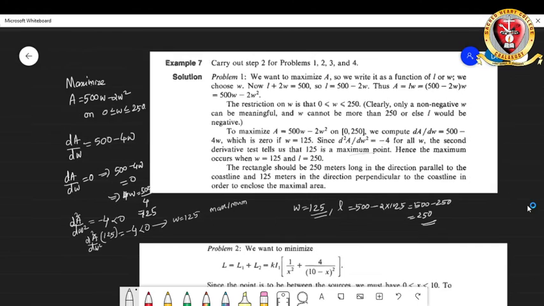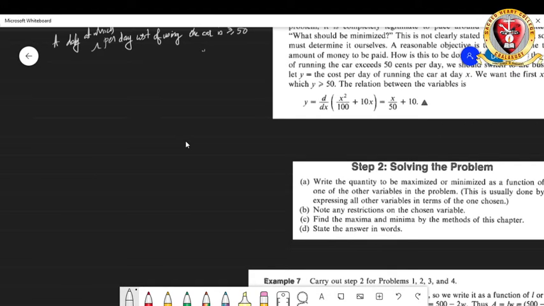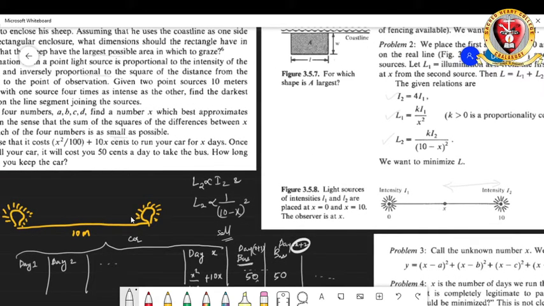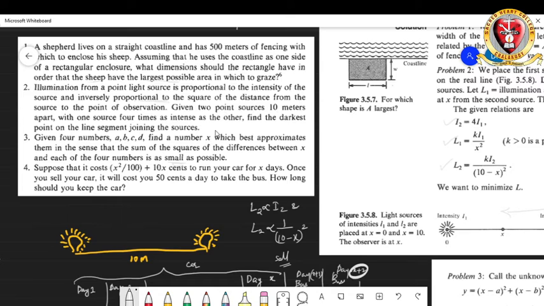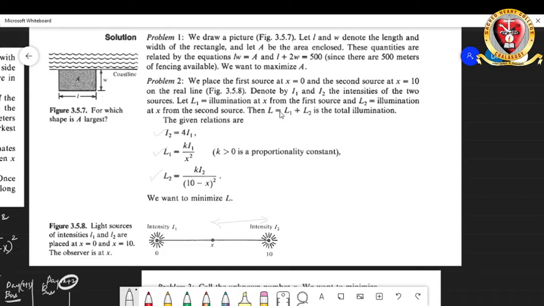Okay. The next problem was with respect to the lighting, the bulbs, illumination. From the problem, we arrived at some mathematical terms. We first fixed a point X between 0 and 10, that is between the two bulbs.